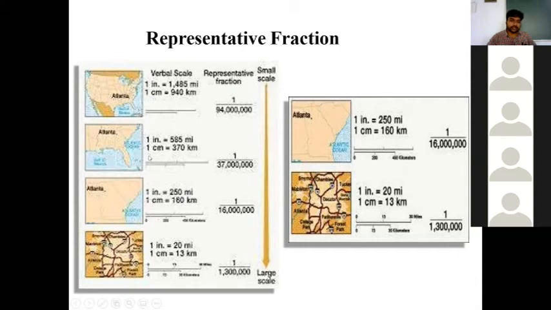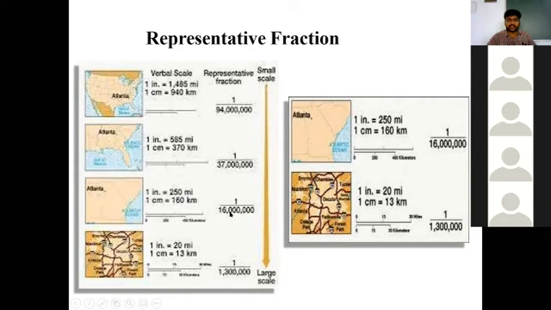Next, as the denominator is getting decreased, the final value will be increasing. Yes or no? Are you getting my point? Next, 1 centimeter is equal to 160 kilometer.